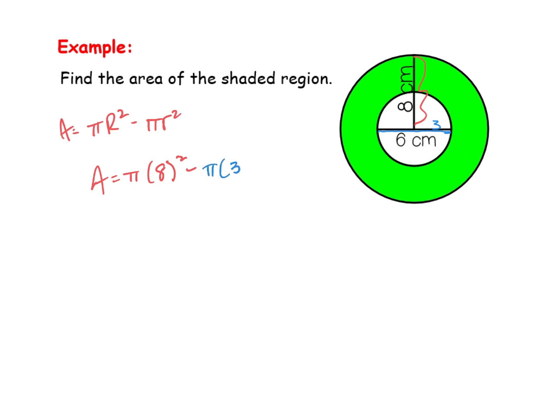So pi times 3 squared. All right, so we have area equals 8 squared is 64 pi minus 3 squared is 9 pi. So my area is 55 pi square centimeters. Okay, so 64 minus 9 gives me my 55, and that's how I get my 55 pi square centimeters.